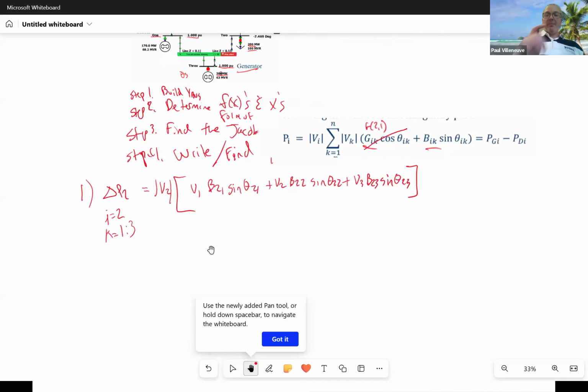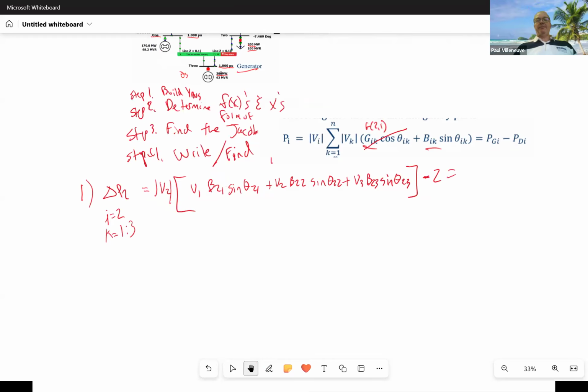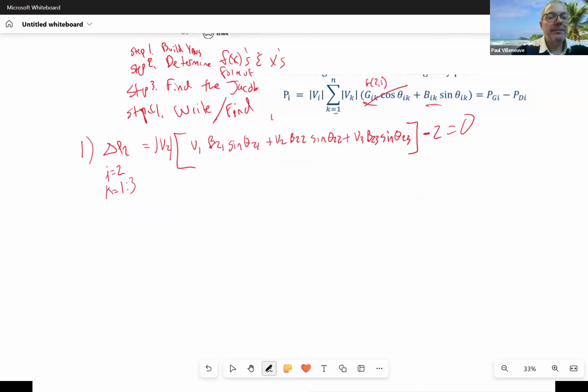And that's power out of the bus. So that becomes minus 2 per unit power. And that has to equal 0 when we have the right bus equations. Let's do delta P3, sorry. I already did delta P2.